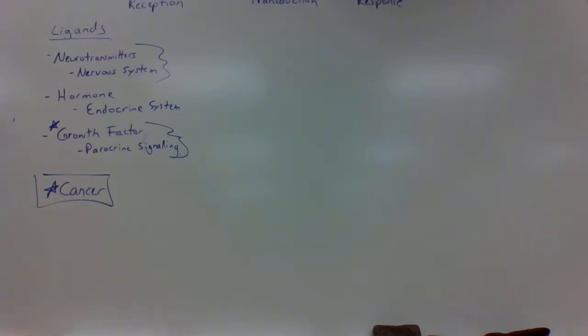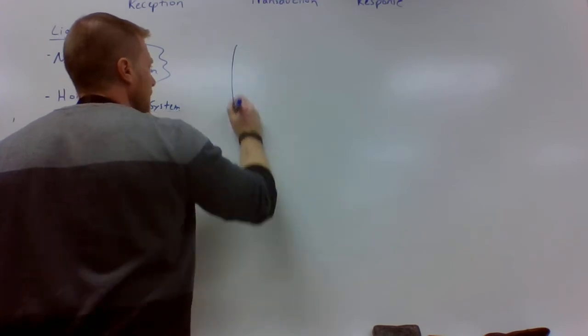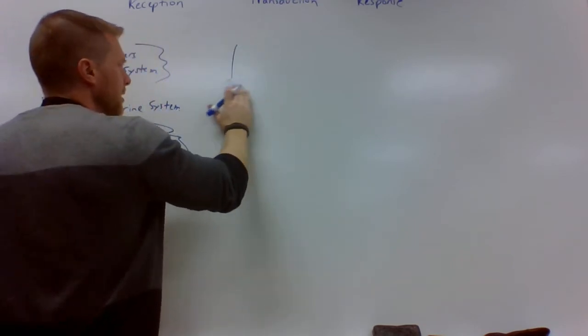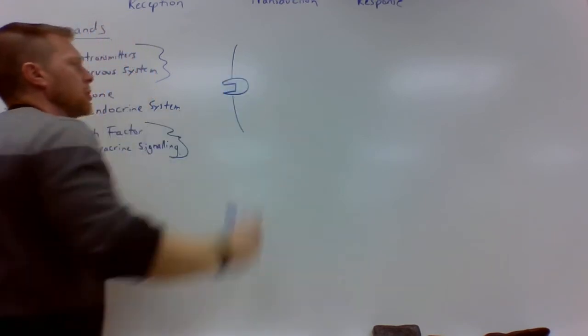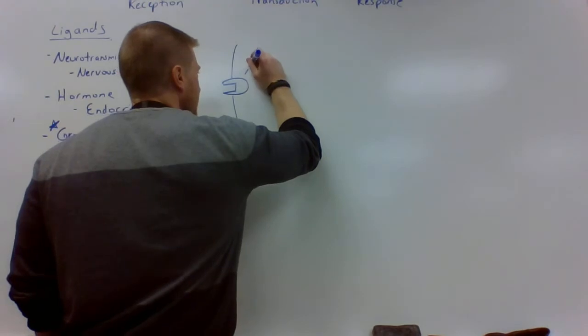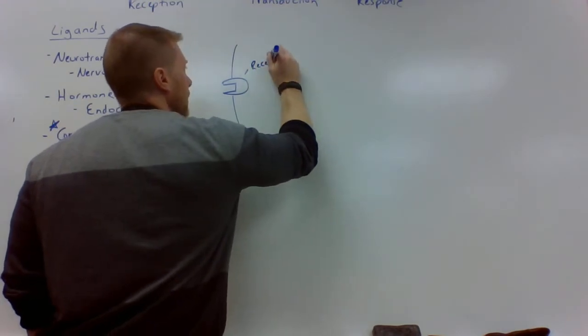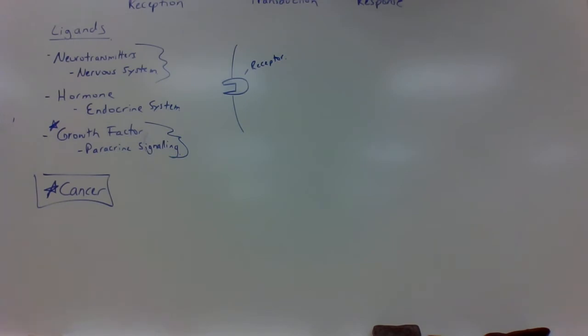So during step number one, reception, the chemical messenger is going to bind to a receptor. All right, and this is what a receptor might look like. Remember that a receptor is a protein, and every protein has a unique shape.